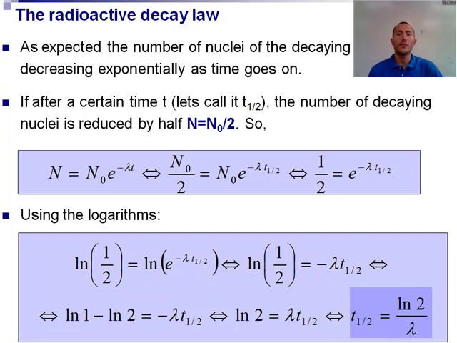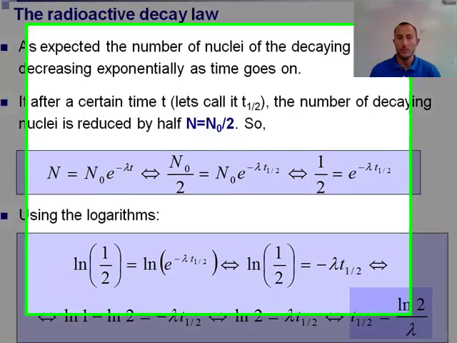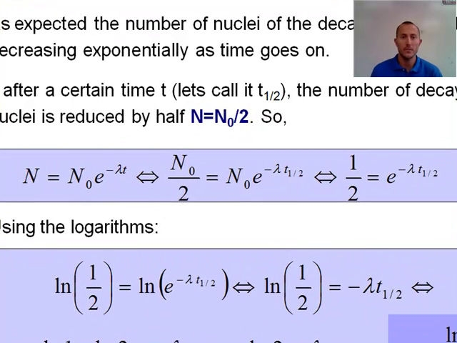Now if after some specific amount of time, we can call it t subscript 1/2, the number of nuclei is half as many as it was. So in this case, N is equal to N sub 0 divided by 2, half of the original number. If we do a little derivation, we can say N sub 0 e to the negative lambda t is equal to N0 over 2.